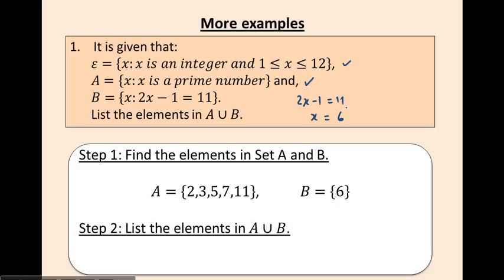Next, we are going to list the elements for A union B. If you consolidate all the elements that can be found in A and B, A union B will be a set that contains the elements 2, 3, 5, 6, 7, and 11. If I were to ask you, how many elements are there for A union B? Yes, correct. The answer is 6.